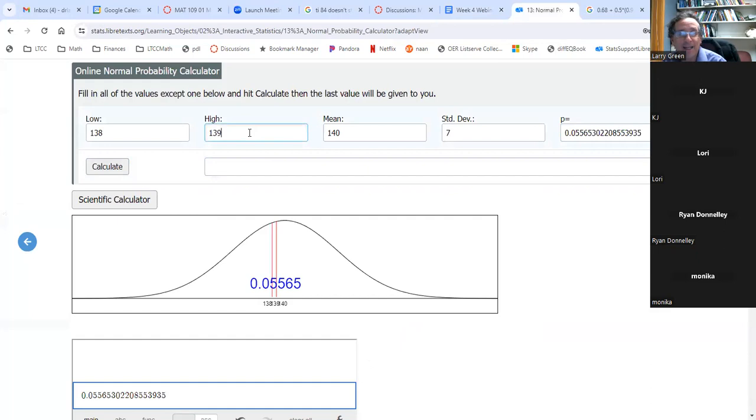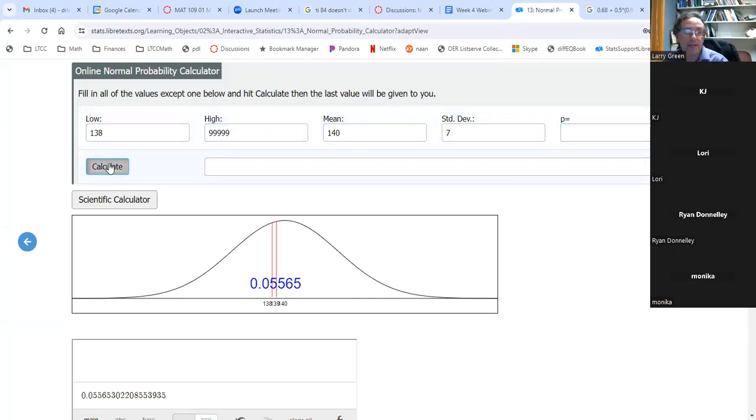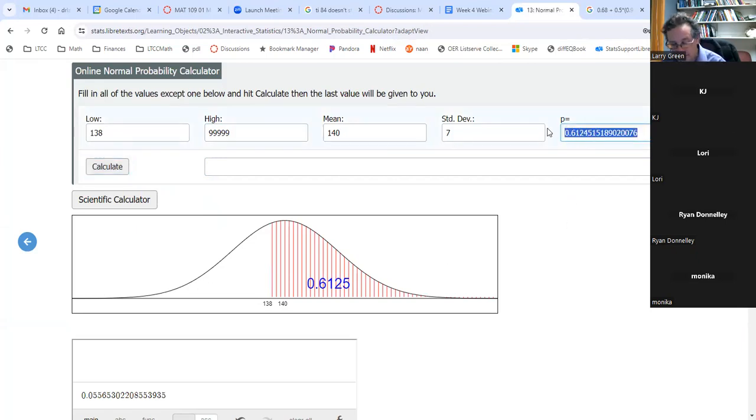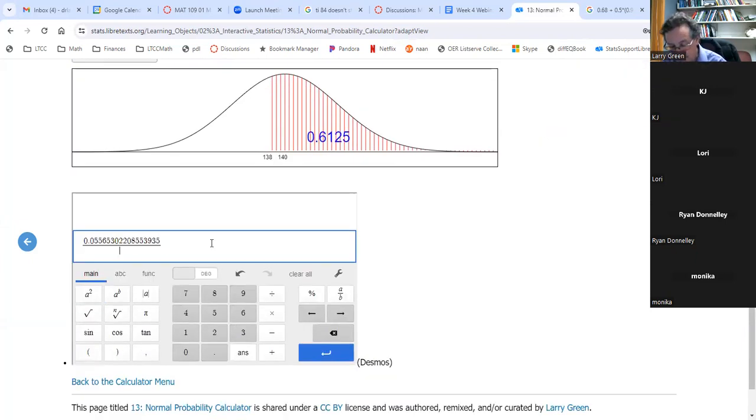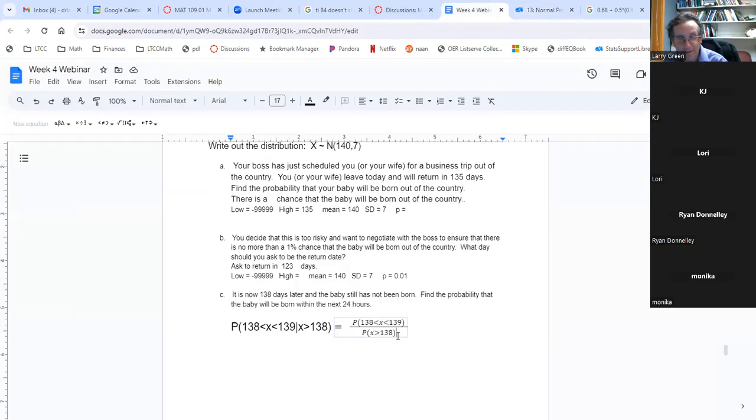Yeah, I need to make the high 99999. And of course, I want the probability, so that left blank. And it calculate, and that's 0.61245, etc. So I divide. Okay, so there's about a 9% chance that baby will be born in the next 24 hours.